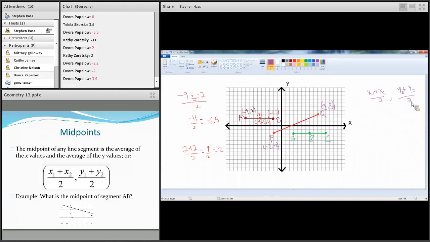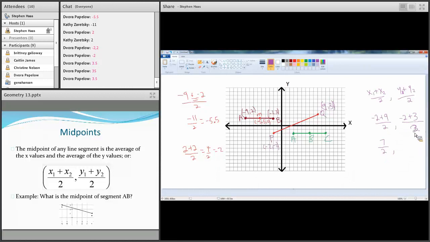What are the x values? Well, the x values are negative 2 and 9. And the y values are negative 2 and 3. So the x value is, well, let's see, negative 2 plus 9 is positive 7 over 2. The y value is, I'm sorry, this should be 2.